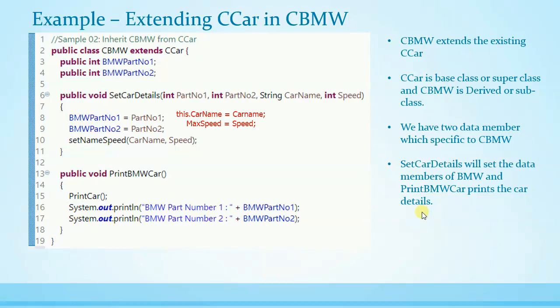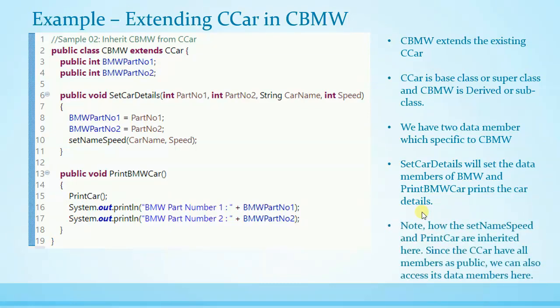But the members also get inherited. The methods also get inherited here. We just called that method name here at line number 10. So setCarDetails and printBMWCar will print the content of this extended class.